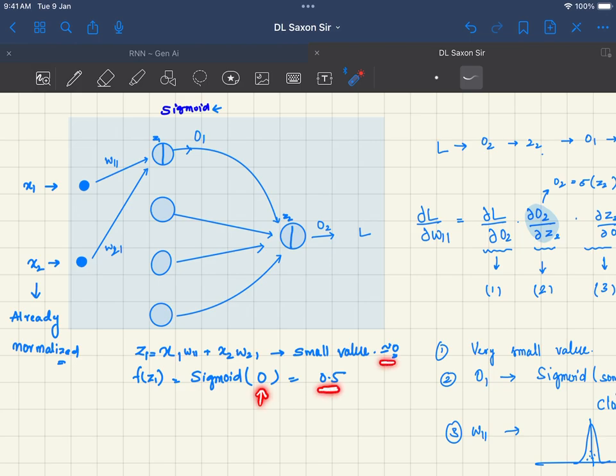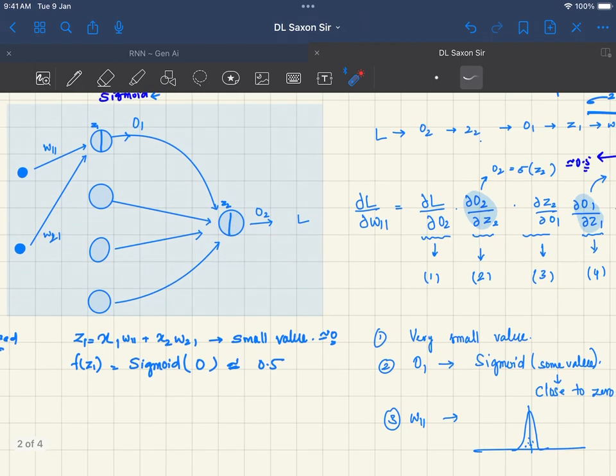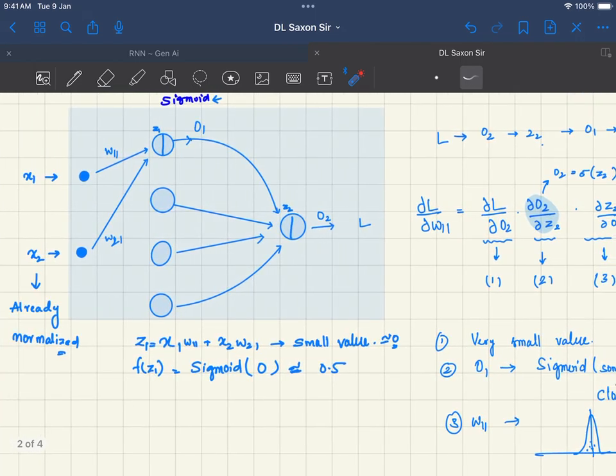Since Z1 is very close to 0, the value of f of Z1 is going to be close to 0.5, not exactly 0.5. So here O1 is going to be 0.5. Let me write it: O1 equal to 0.5.